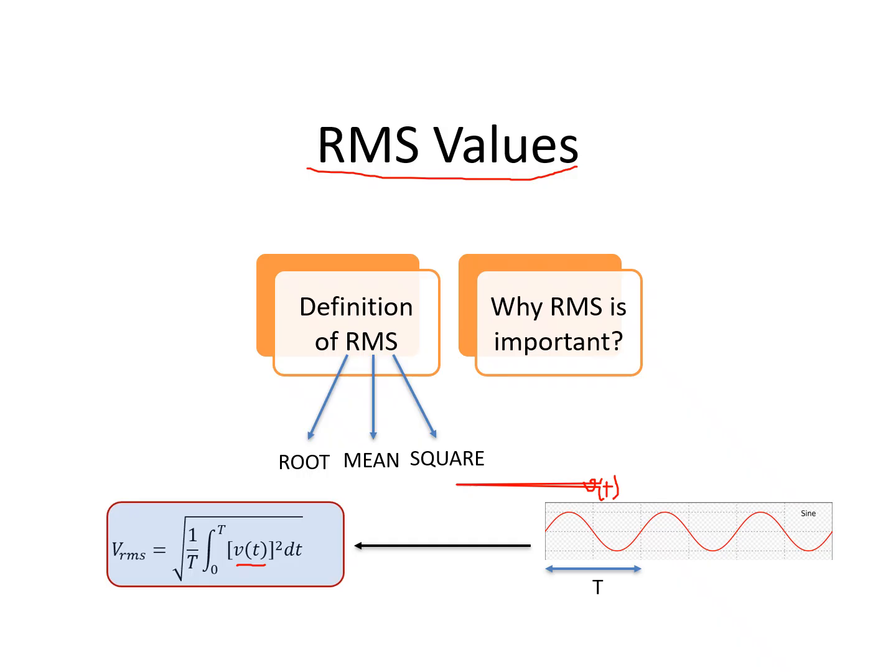But the question is, why is RMS important? Why do we care about the RMS value? As you can see, there are a lot of ups and downs in this circuit, so the value of this signal changes and varies over time. The RMS actually tells you the effective DC equivalent of the AC waveform.